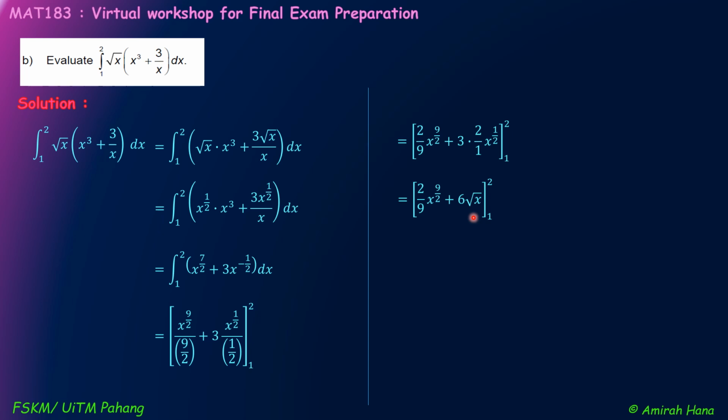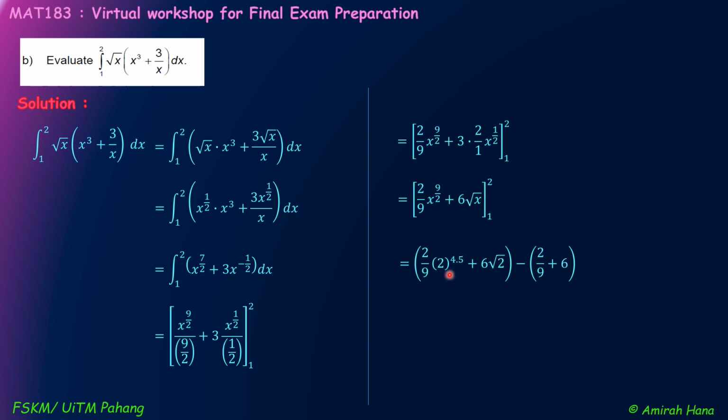After that we need to substitute the upper limit into variable x, and then in between we must minus, and then we substitute 1 into variable x, and 1 to the power of any value equals 1. So that's why we get 2 over 9 and then plus 6 here.